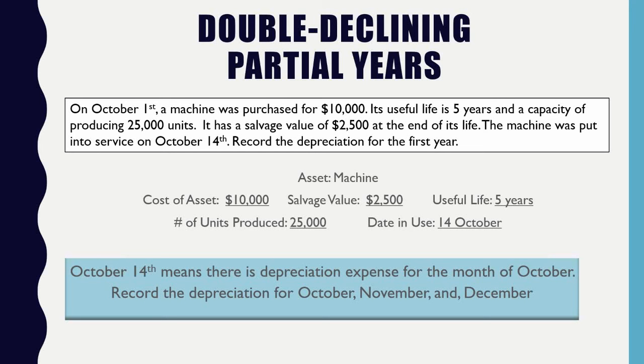So because you placed it in service on the 14th of October, the assumption is that you're going to start using it in October. Okay? So therefore you have October, November, and December. It is 3 months if you start depreciating it every year. So if I started on October 14, I have to depreciate for the month of October, the month of November, and the month of December.